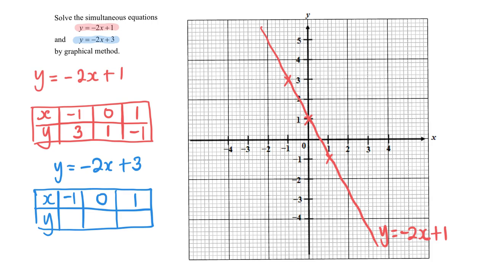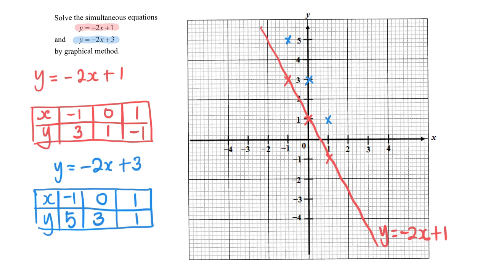So this one will be 5, 3, and 1. So x is -1, y is 5; 0 and 3; 1 and 1.